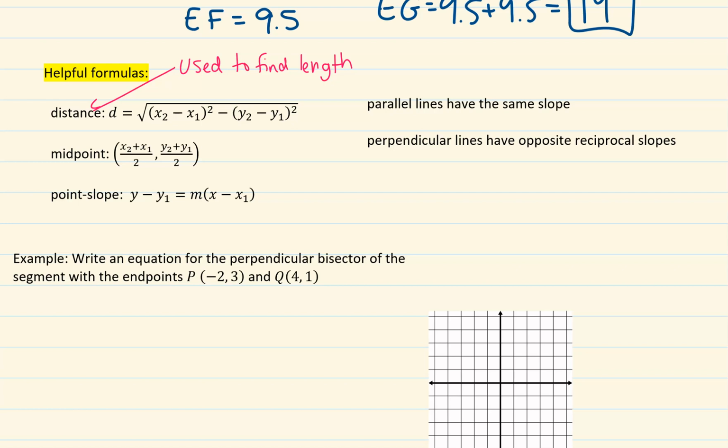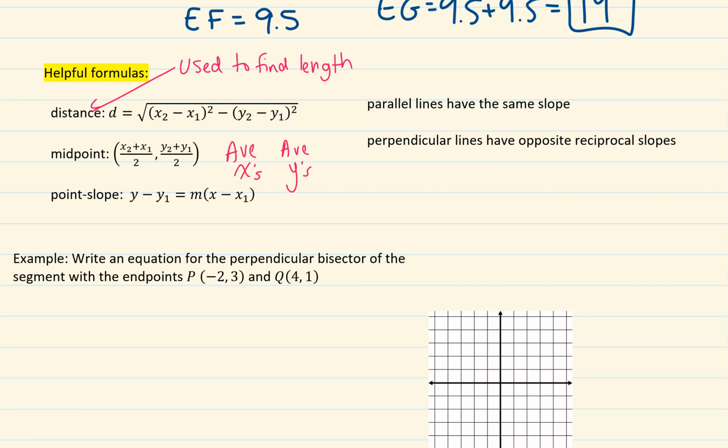Okay. Midpoint formula finds the midpoint of a segment. So do you see how they're adding the x's and dividing by 2 and adding the y's and dividing by 2? The midpoint formula is essentially finding the average of the x's and the average of the y's. That's what the midpoint formula does. When you're looking for the middle, you're looking for the average of the two numbers.